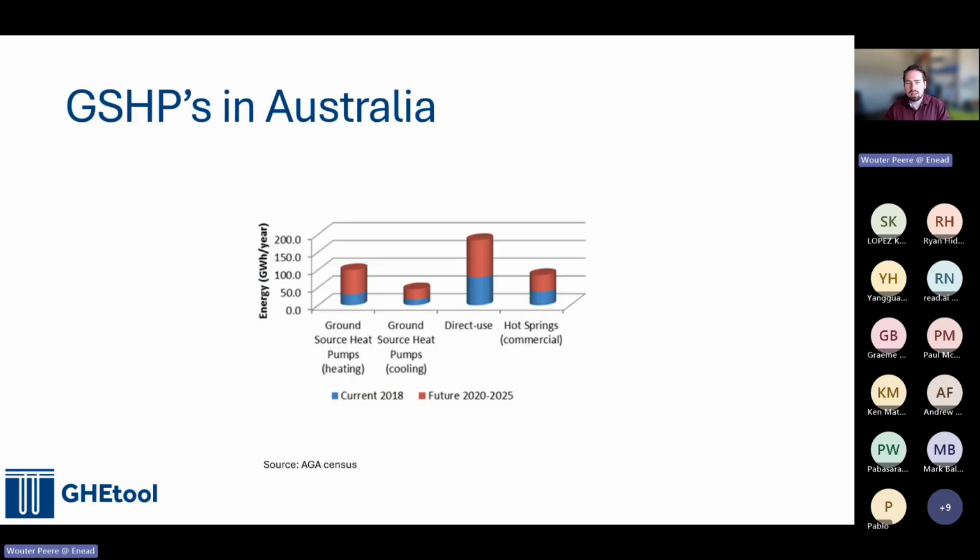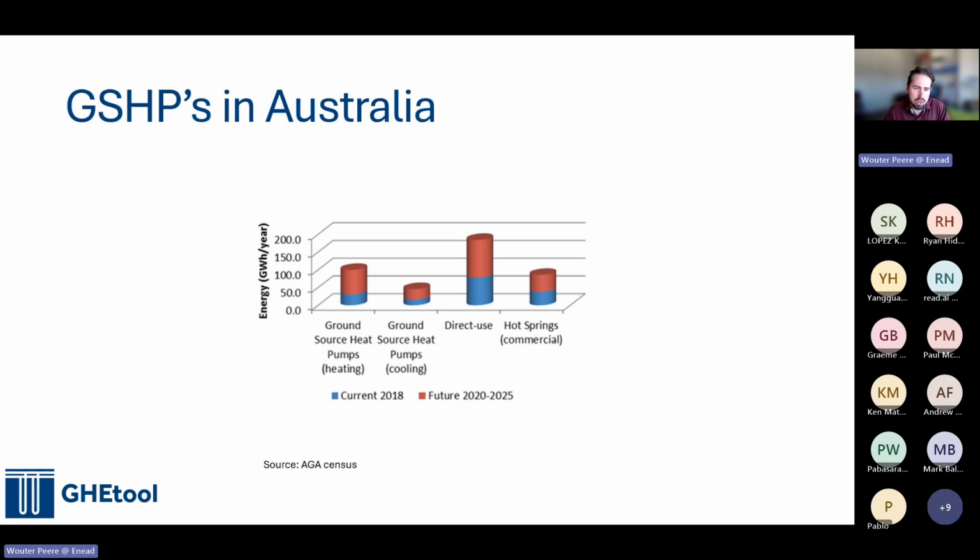And if we take a look at the distribution, because that's for all types of geothermal systems, we see that there are quite a lot of direct use systems where there is actually hot water, 80 degrees, coming from the ground that we can use to directly heat our buildings or springs. For example, we have the Great Artesian Basin in Australia with some hot water baths. That's also geothermal energy.